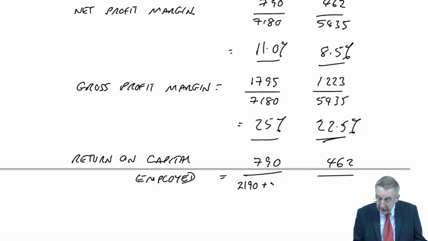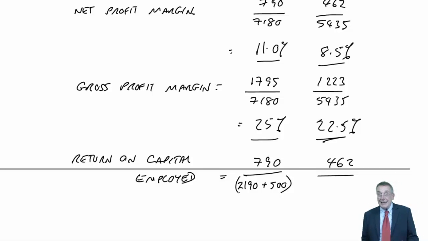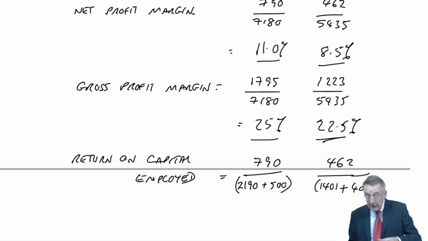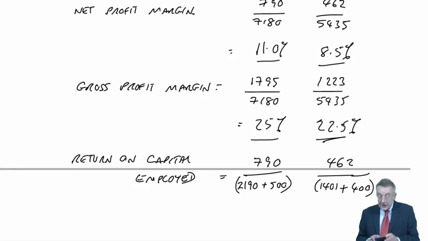In addition, 500 from a long-term loan, so a total of 2690. Whereas last year, shareholders' funds were 1401, long-term loans 400.